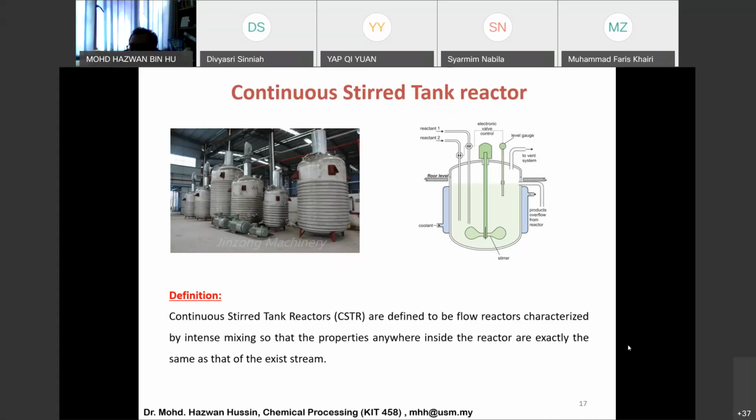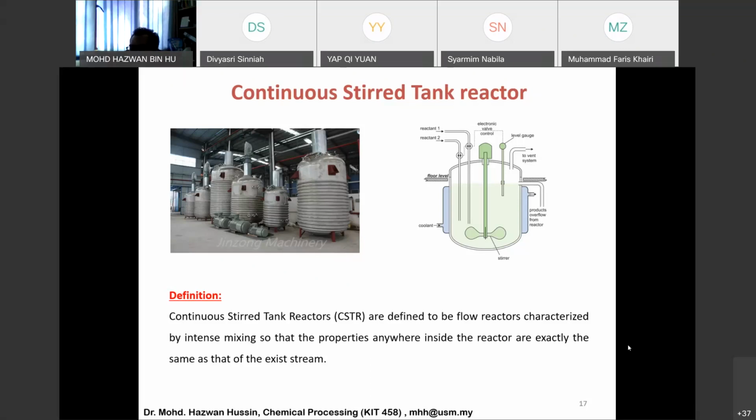Flood level means that if you have fixed the reaction at a certain volume, you cannot exceed this volume. If you exceed it, then maybe you need to flush some off. So that is why you need a flood level. And then there's also other things like a coolant and heater.